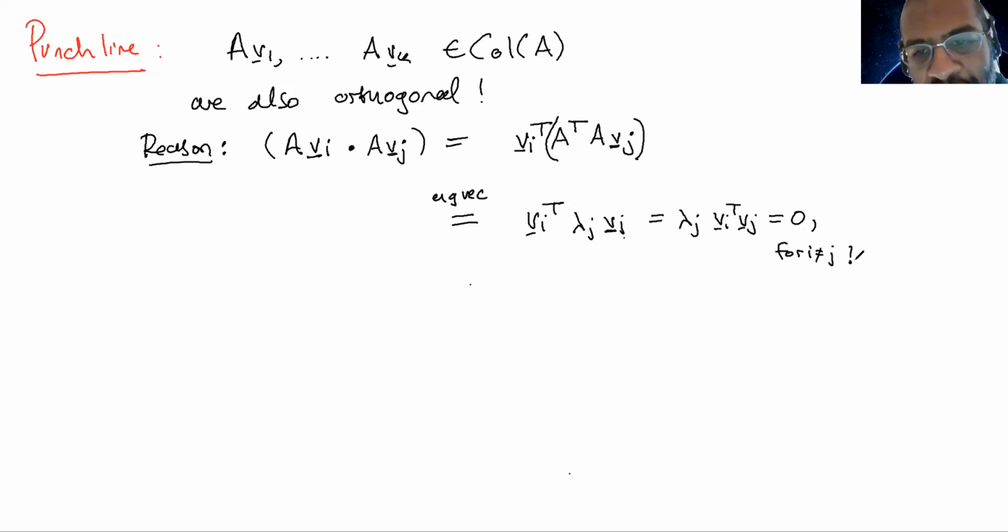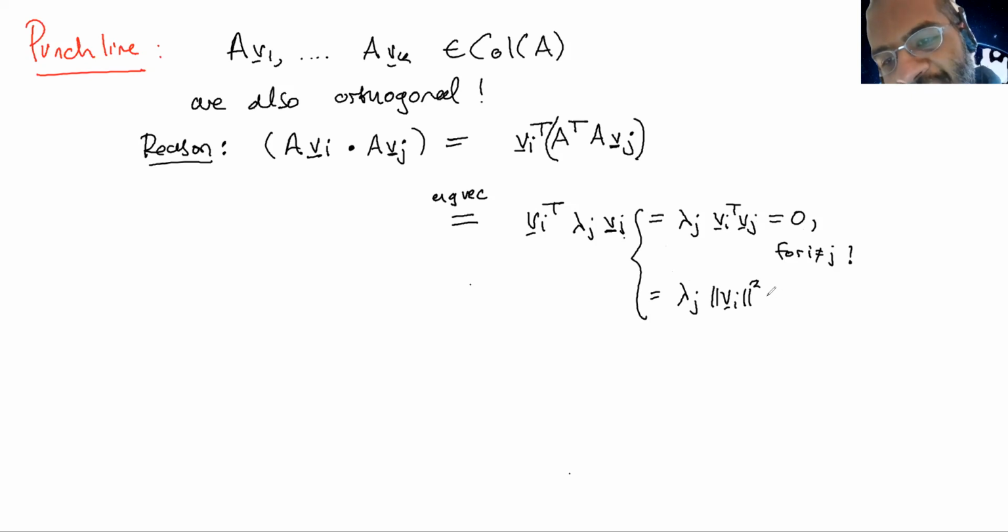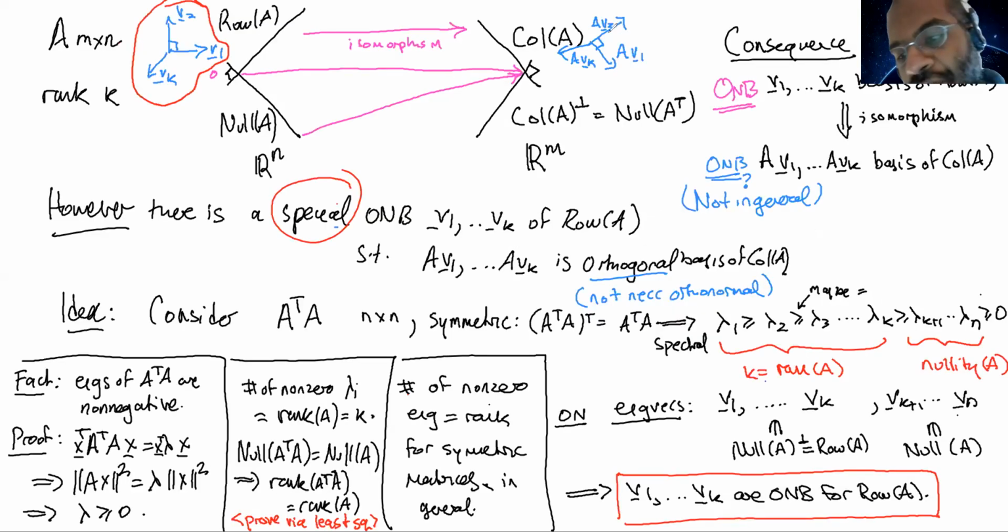And for i equals j, it's equal to this. But remember, lambda j is not 0. That's how I chose these eigenvalues. I've singled out the positive eigenvalues, of which there are k, where k is the rank. So that's great, right? That actually proves what I wrote here, that these AVi's are orthogonal.